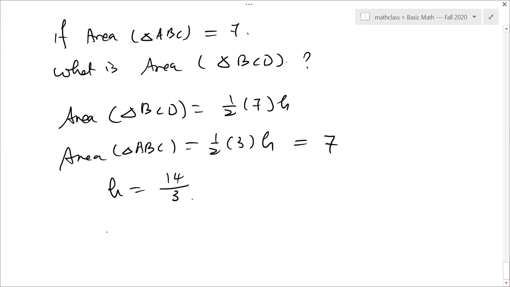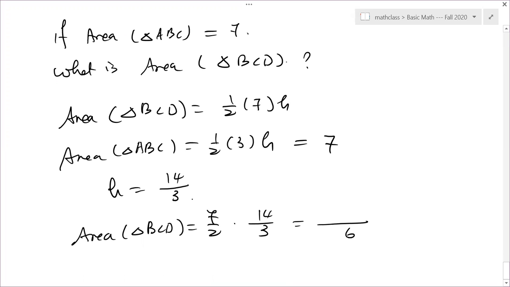So the area of the triangle BCD is half of 7 times h. We already know this. So it's going to be 2 times 3 is 6, and 7 times 14, and I think I can just simplify the 7.